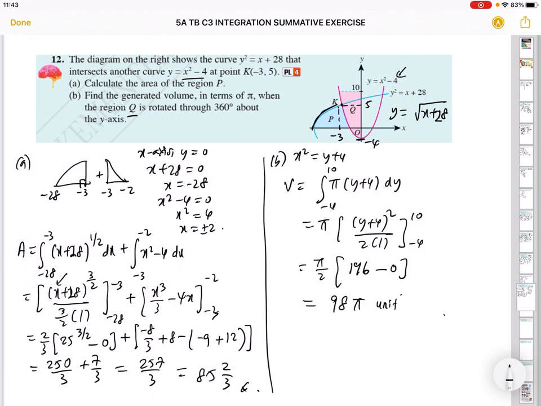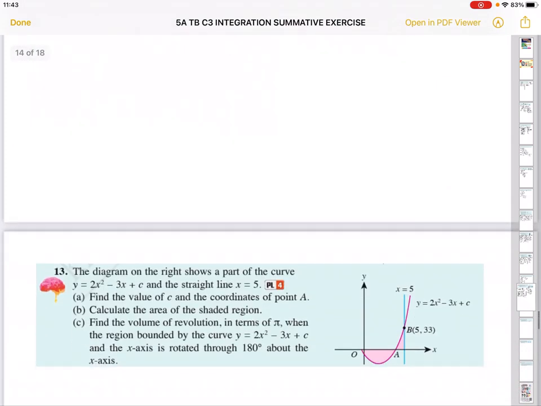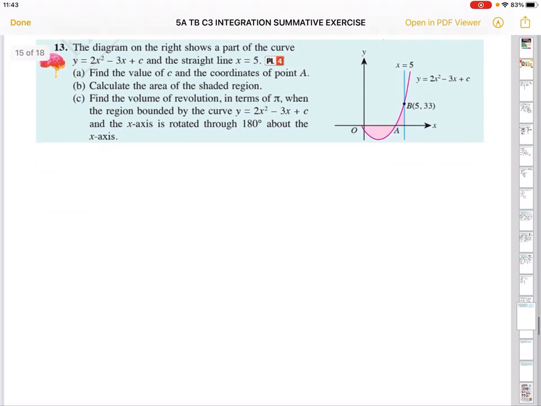Question 13. Next one. I'm supposed to find the value of c. Your equation here is y equals 2x squared minus 3x plus c. We can just sub in.